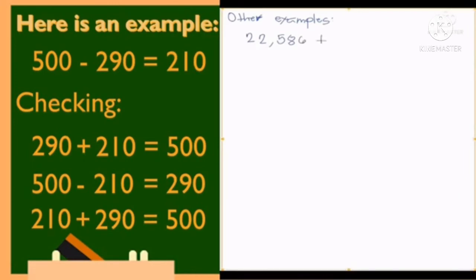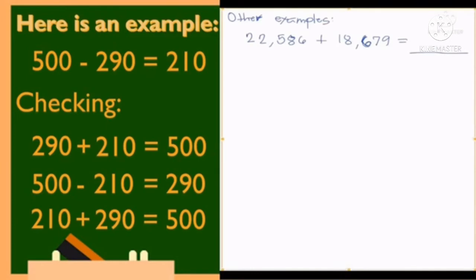For example, we have 22,586 plus 18,679. Before we proceed to the other equations, let us first find the sum of these two numbers.